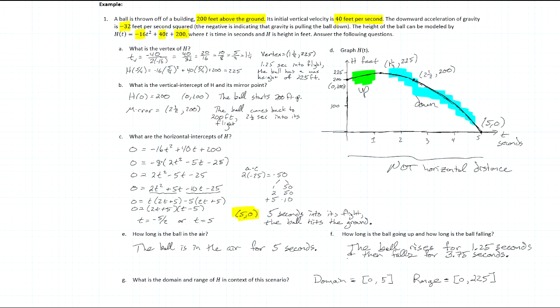So this is us taking a physical situation, the height of a ball measured in time, and analyzing that as a quadratic function that we can factor, that we can graph, and determine a lot of different information about that ball's maximum height, how long it's going up, how long it's going down, how long it's in the air overall. And we could really indicate from this what the ball's height is after so many seconds as we choose.